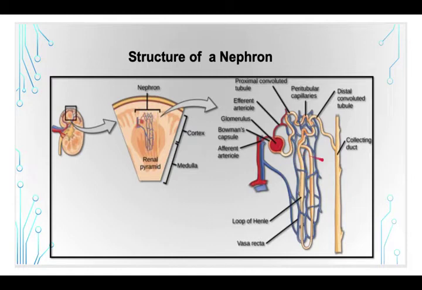From the ureter it comes into the urinary bladder, and through the urethra it is released out. In that way excretory waste, which is nitrogenous waste, is eliminated from our body in the form of urine. Here is the magnified structure of a nephron present inside the kidney.